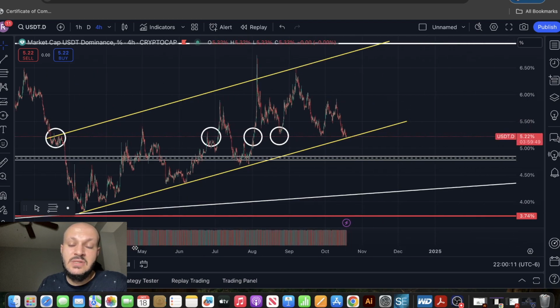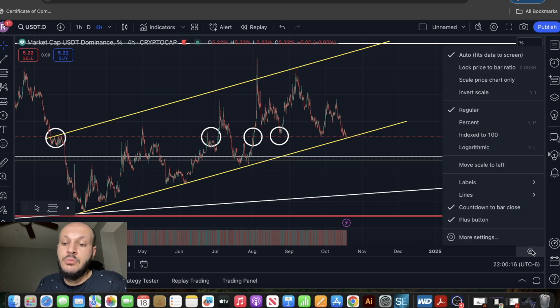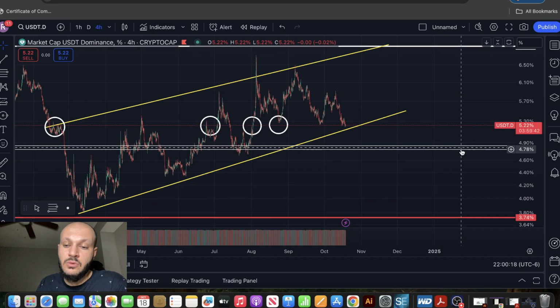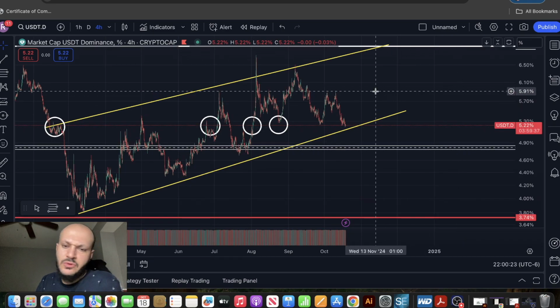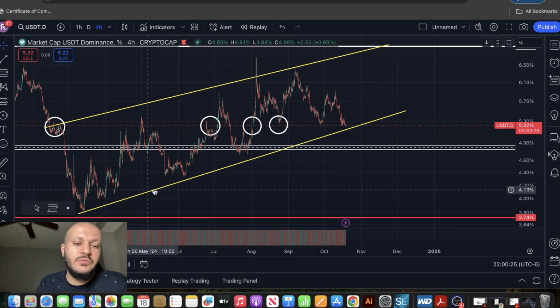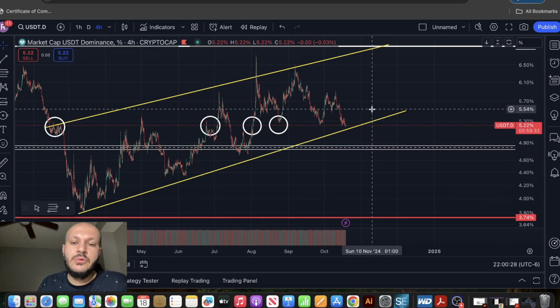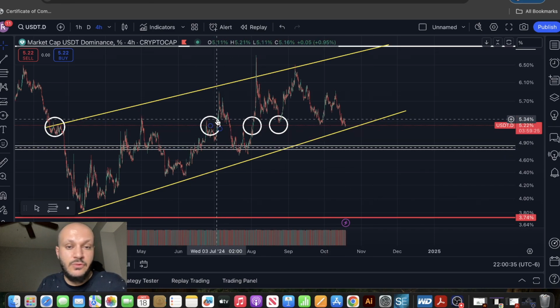That's why I need to see that we are really breaking below for both the logarithmic and the other one, and if I'm not wrong, it's called linear chart, but we need to really see both of them breaking out. That would give me more confidence that we are really breaking below. For USDT, it's going to be very bearish. For USDT, it's going to be bullish for crypto.